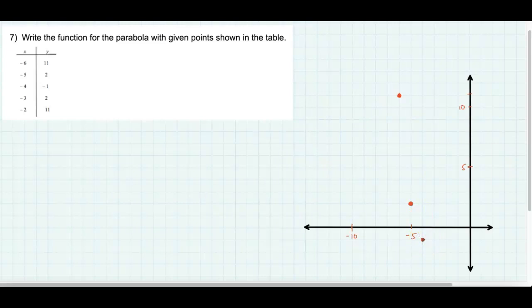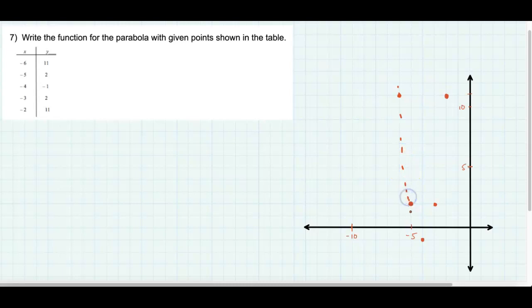And then we go back at -3. We're back at 2, and then at -2, we go all the way up to 11 again.